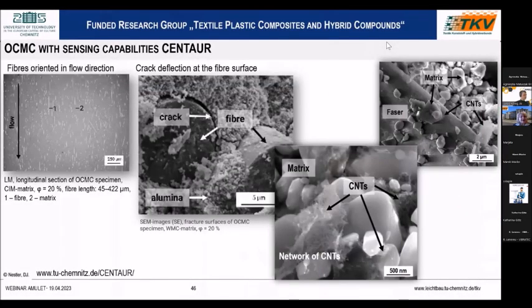Here are some SEM pictures showing the orientation of the fibers during the injection molding in the middle, the fracture toughness over the binding on the fibers from the matrix and the matrix crack path, and below the formation of a CNT network. You can see this here very, very good, what I mean with the effects of ductility in the CMCs.